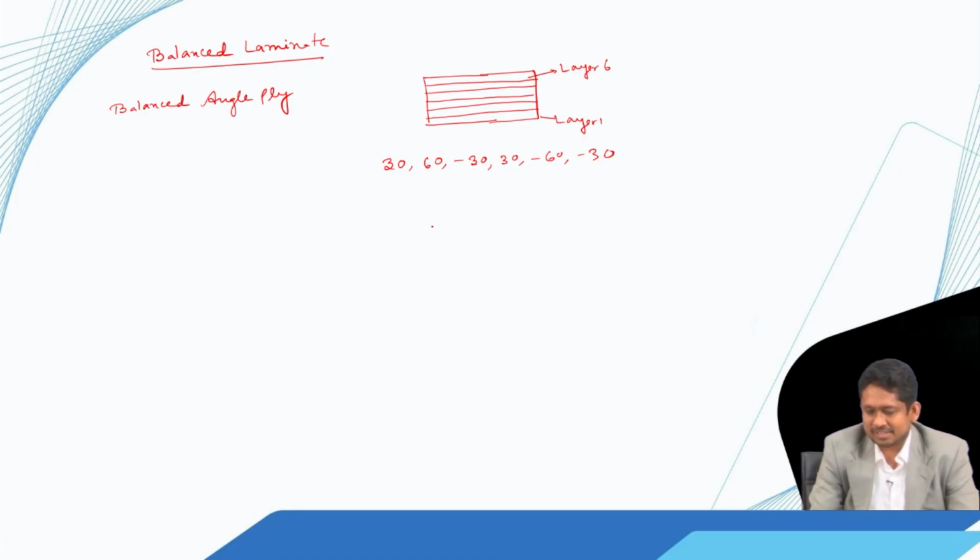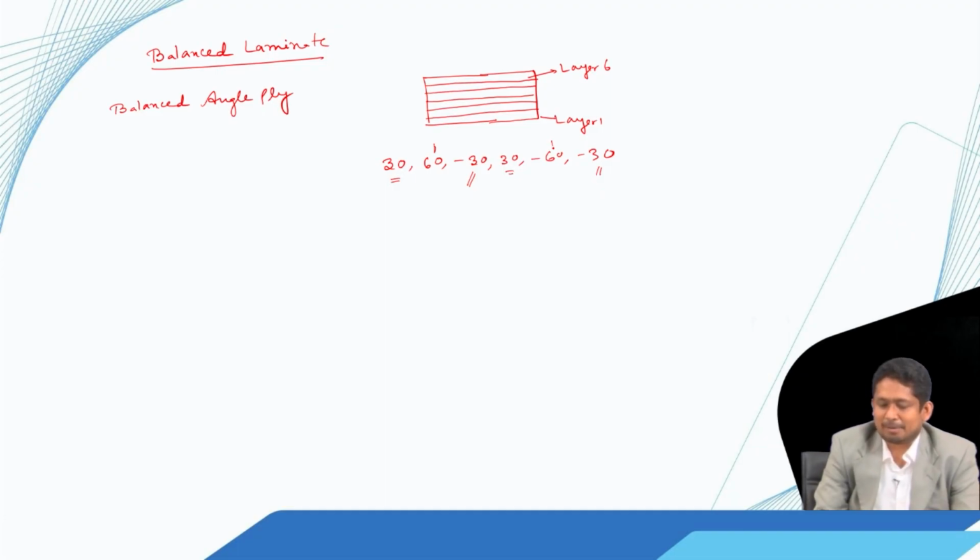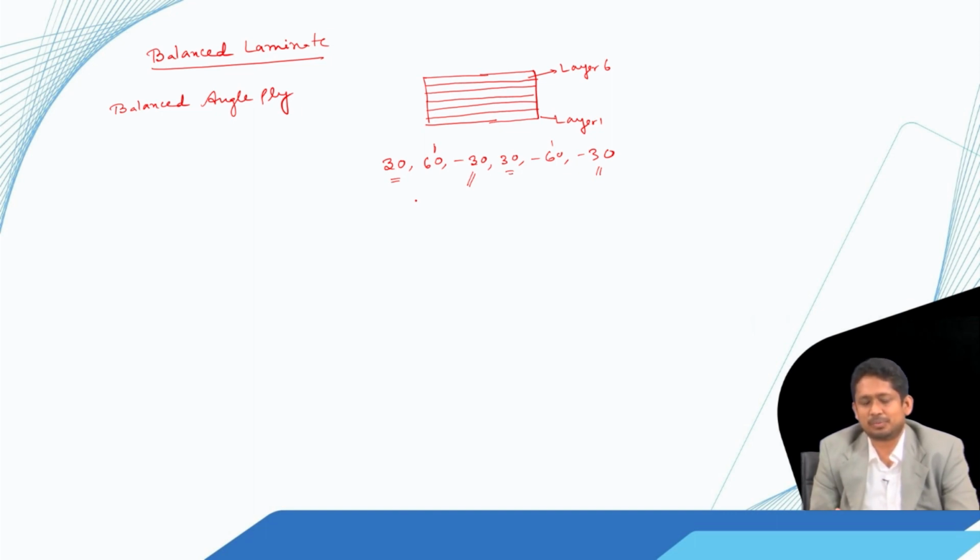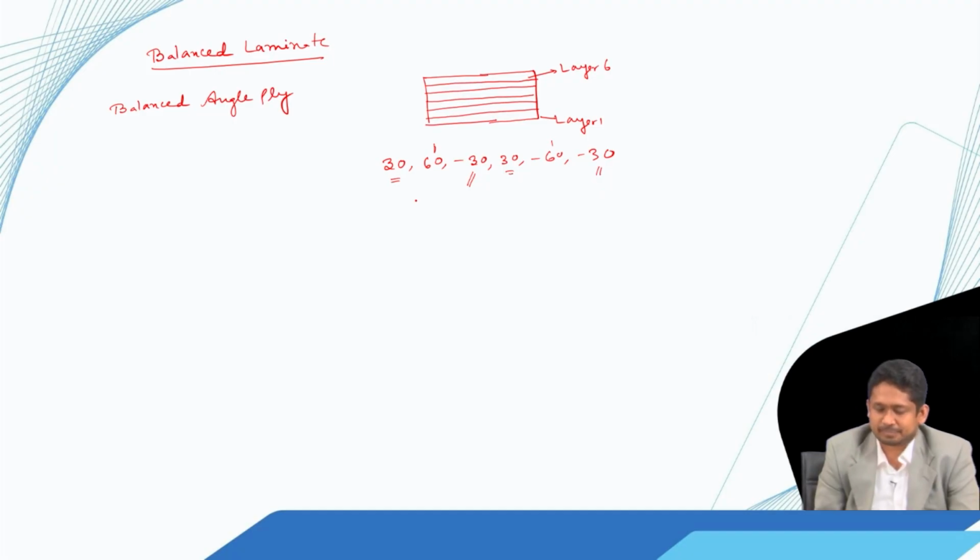So, here what we can see is the total number of 30 is 2 and the total number of minus 30 is also 2. Similarly, the total number of 60 is just 1 and minus 60 is just 1. So, the number of plies with plus theta orientation is balanced by the number of plies with minus theta orientation. So, that is why we call it balanced laminate.